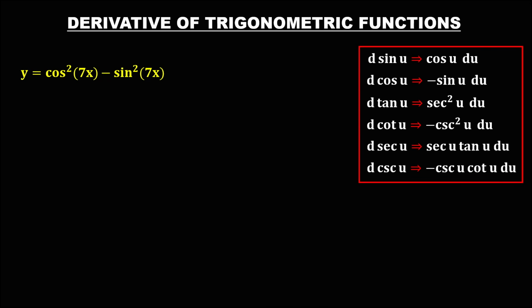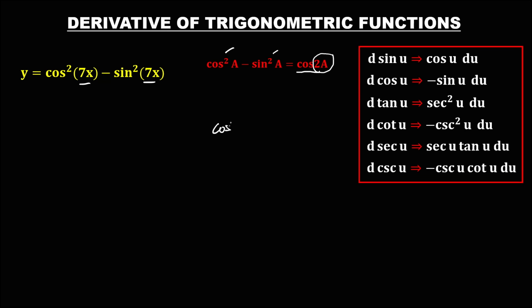And for this given, cosine squared minus sine squared, since the same angle, we're going to use the cosine double angle identity. Cosine squared minus sine squared is equal to cosine of the multiplied angle.